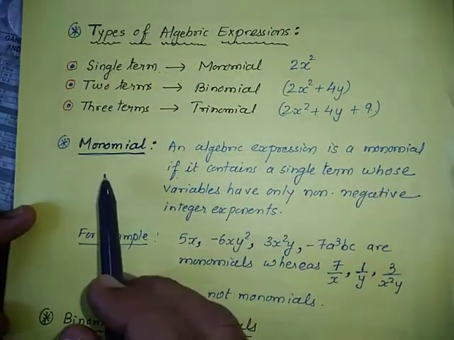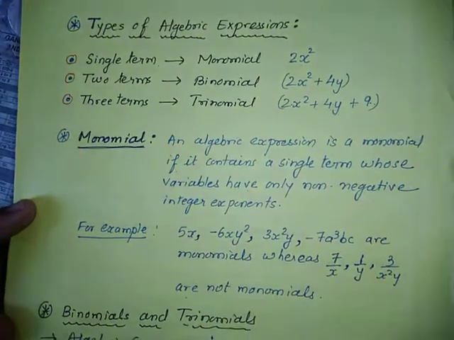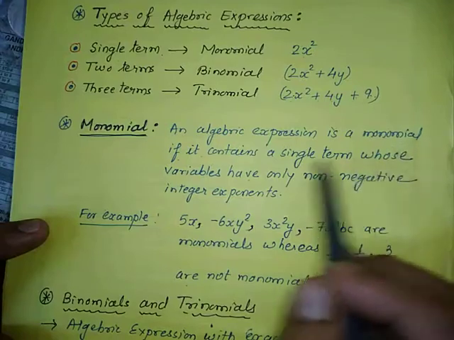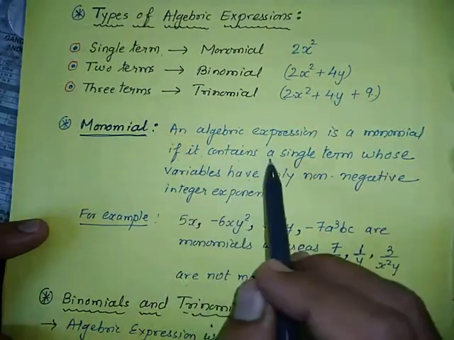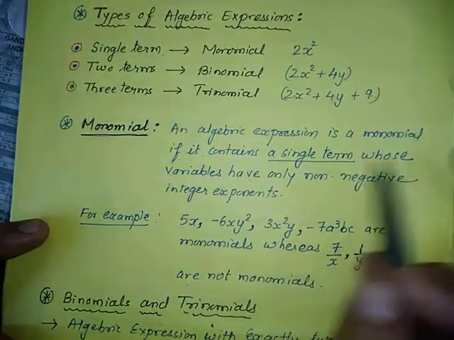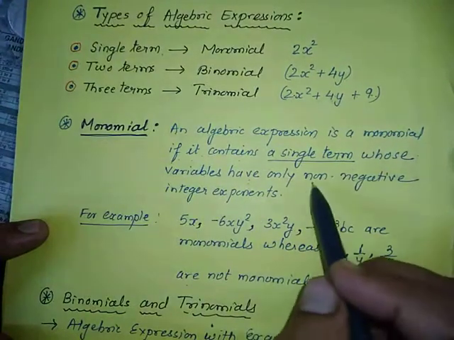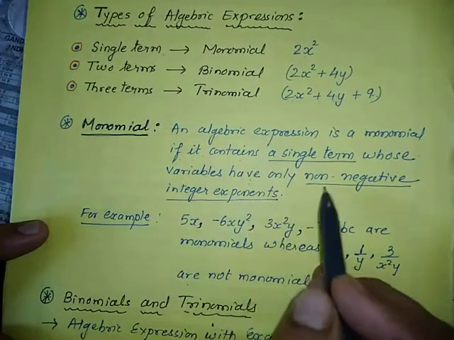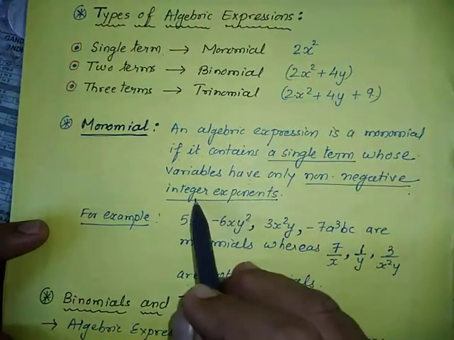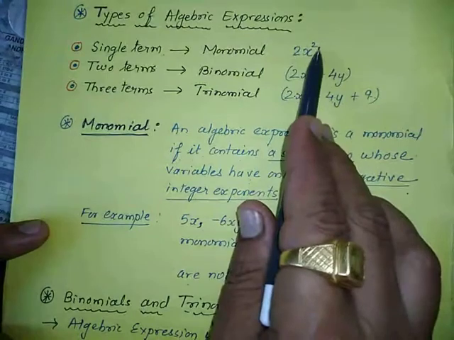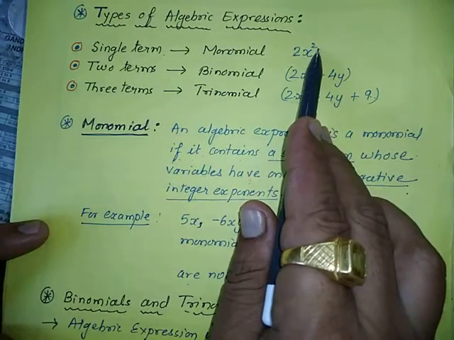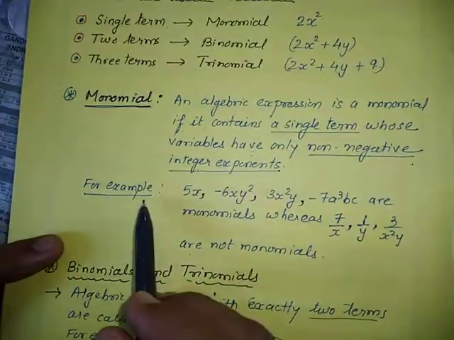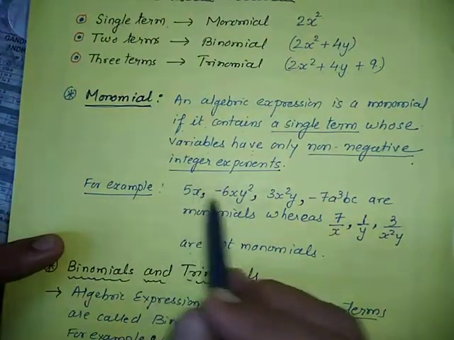We learn something deeply about monomial. An algebraic expression is a monomial if it contains a single term whose variables have only non-negative integer exponents. Non-negative means positive integer exponent. For example, 5x is a single term.